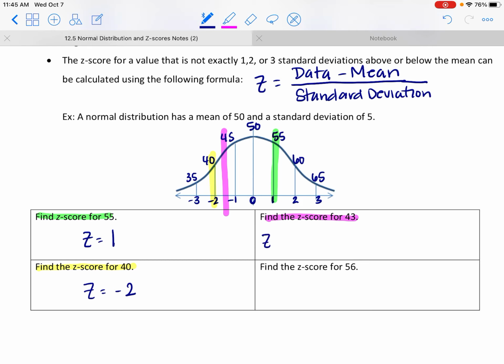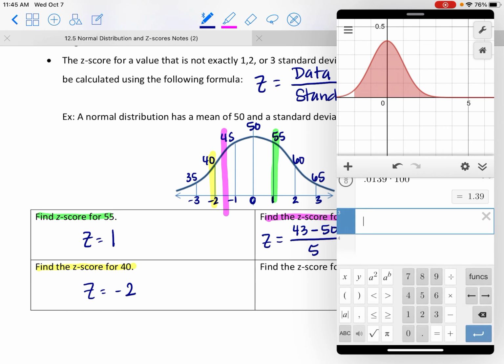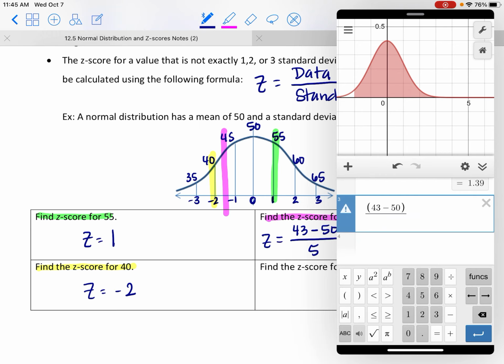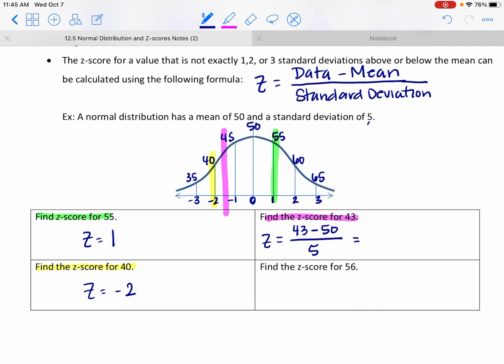So the z-score for 43 says take the data, which in this case is 43, subtract the mean, which was 50, and divide by the standard deviation, which was 5. And we're going to figure out that 43 minus 50, that whole thing divided by the standard deviation of 5 is negative 1.4.